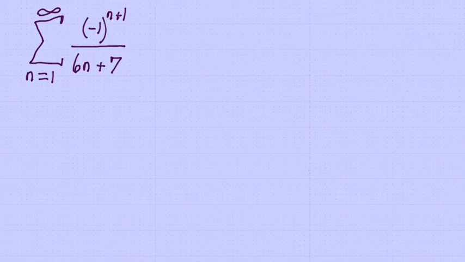Okay, here's the next one. Again, that (-1)^(n+1) right now is dead to us, because the ratio test, which is the only test we have, is always taking absolute values. So it doesn't matter.